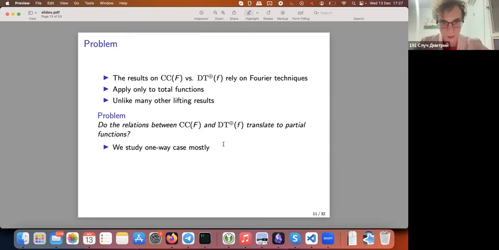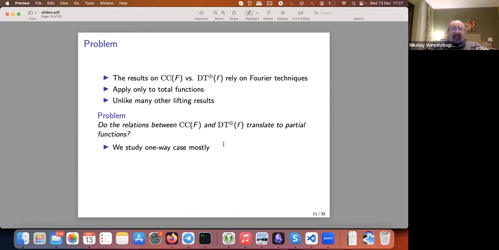Now the problem. The results on communication complexity versus parity decision tree complexity rely on Fourier analysis, and because of that, they apply only to total functions, and that's not true for a lot of other lifting results. So we study... Wait. These results in the first line, they are for XOR functions or for arbitrary functions?